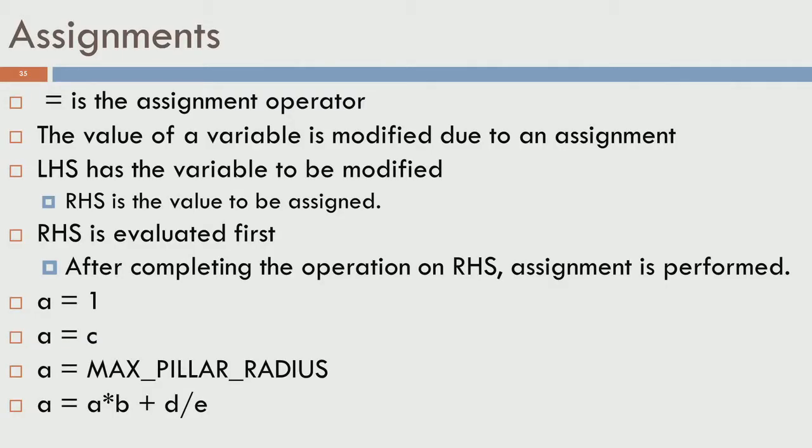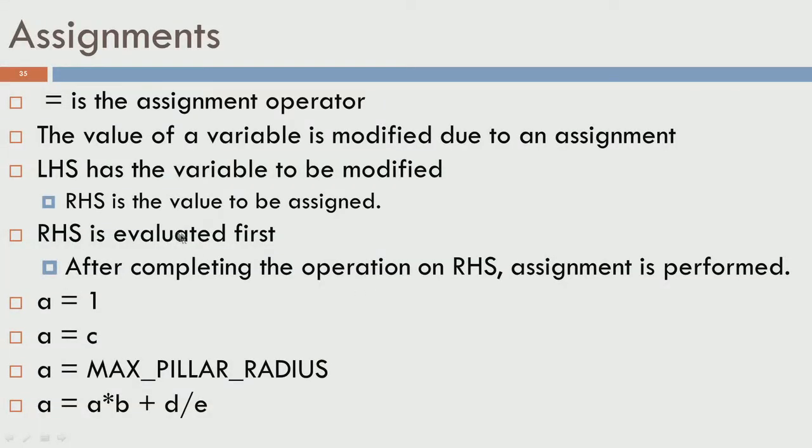If you have something like a equals a times b plus d by e, then you actually take the value contained in the variable a, multiply that by the value contained in the variable b, store it temporarily, then take d and e, the values contained in these variables, divide d by e, store it again temporarily, add these two and put it back in the memory location a itself.